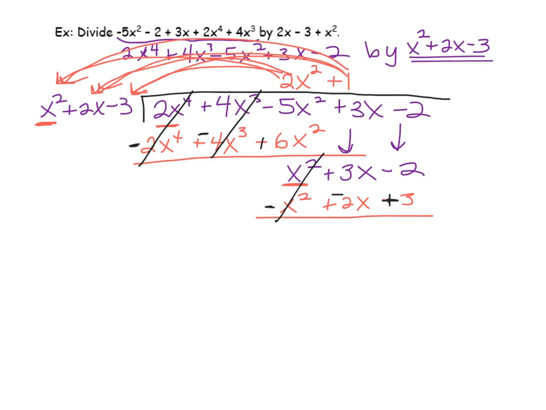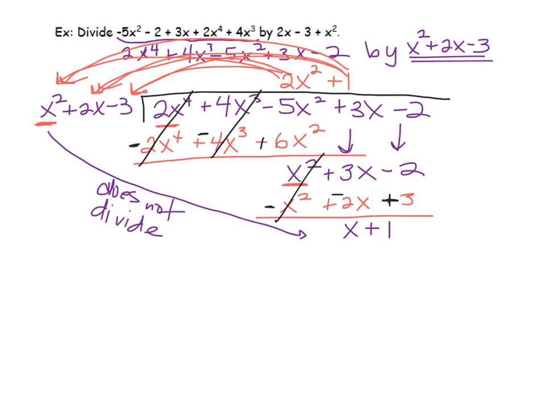The x squareds cancel, but we have 3x minus 2x left over, which is just 1x, and negative 2 plus 3, which is plus 1. Notice x squared does not go into x evenly, so it does not divide. That means that x plus 1 is our remainder.